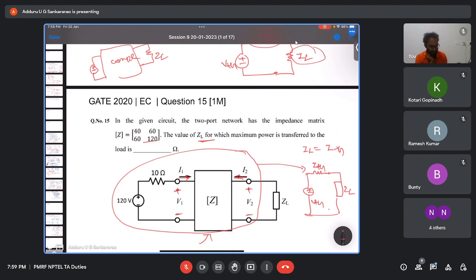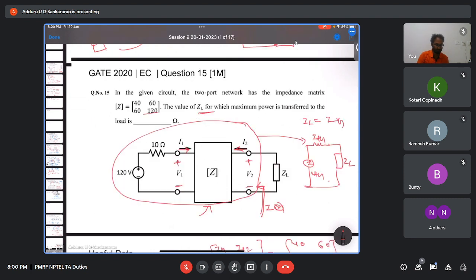That means looking from port 2, if I can find the equivalent resistance or Z output, that is the value we need.